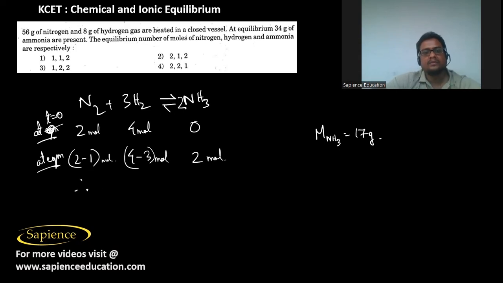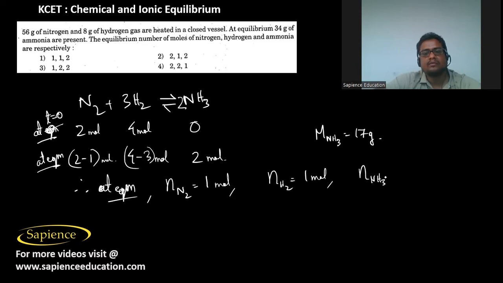So therefore at equilibrium, the number of moles of nitrogen is equal to 1 mole, the number of moles of hydrogen is equal to 1 mole, and the number of moles of ammonia is 2 moles.